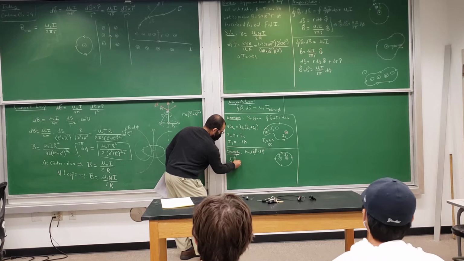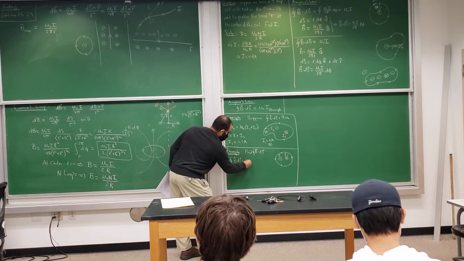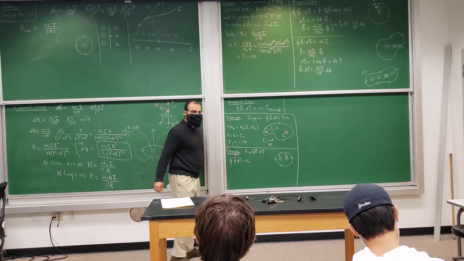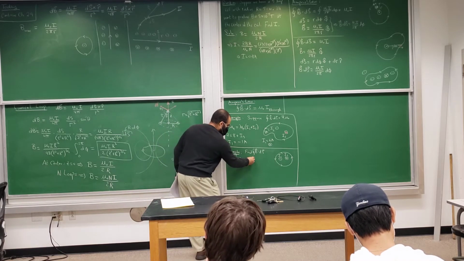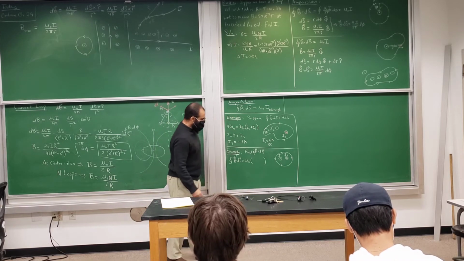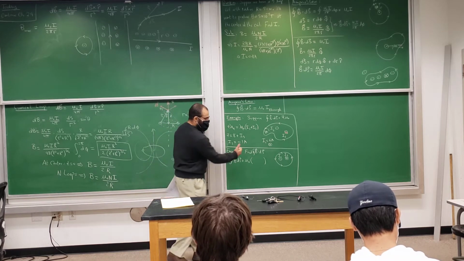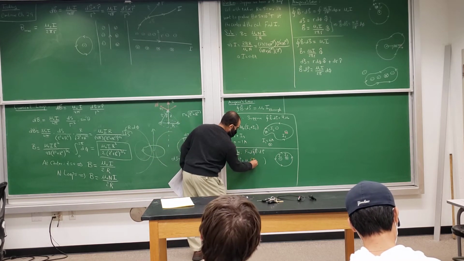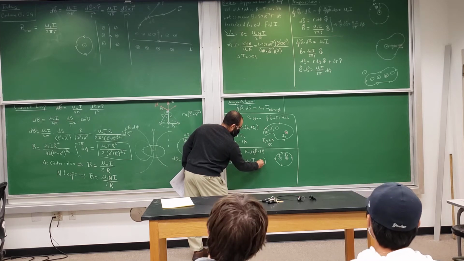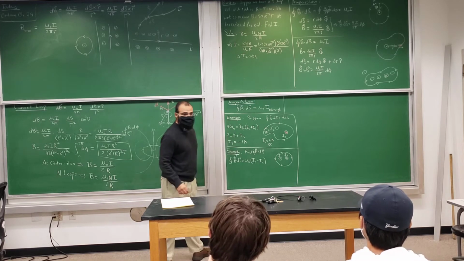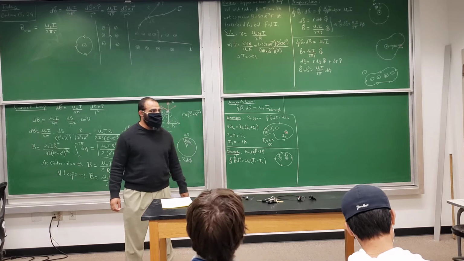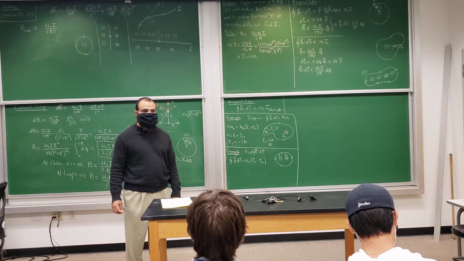B dot ds will equal mu naught times the currents that are enclosed, right? So what are they? What currents are in my loop? I1 minus I2. Yeah, I1 is coming out, I2 is going in. Yeah, that's the answer.